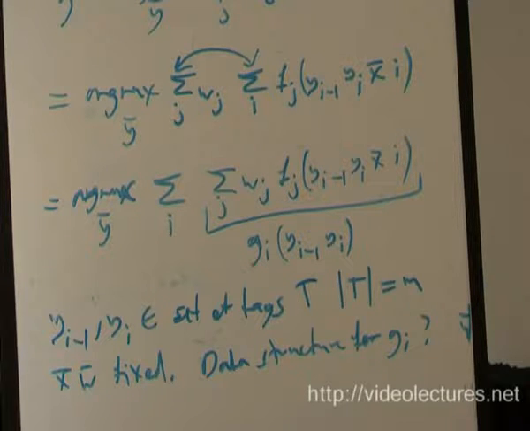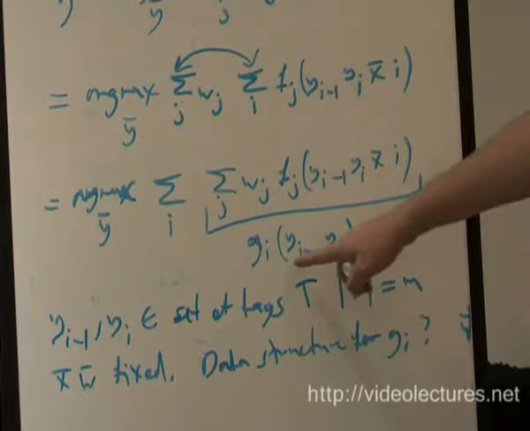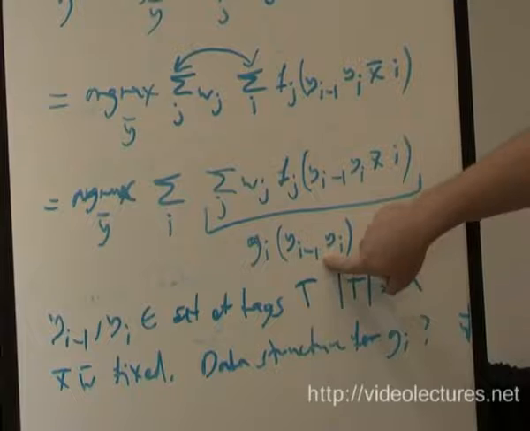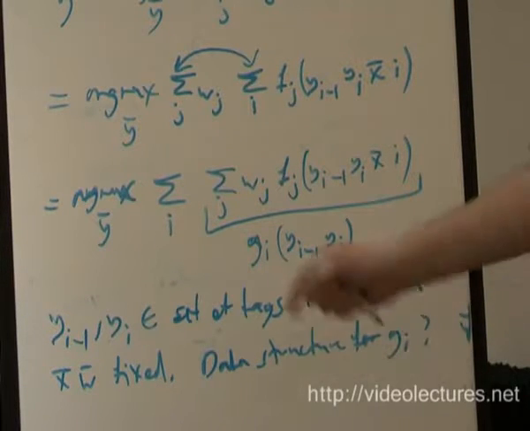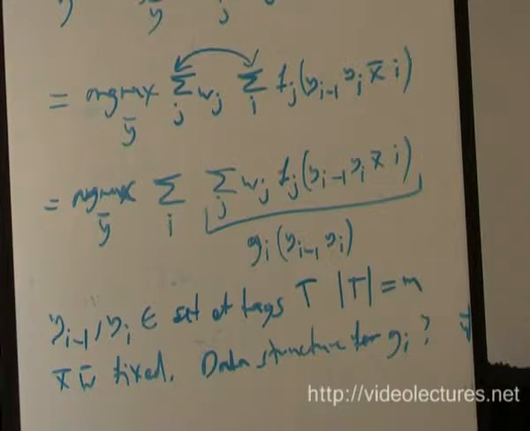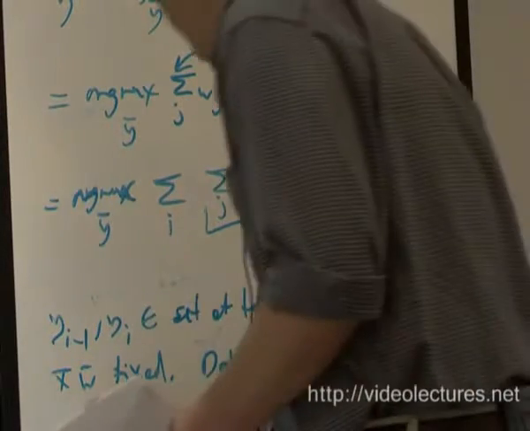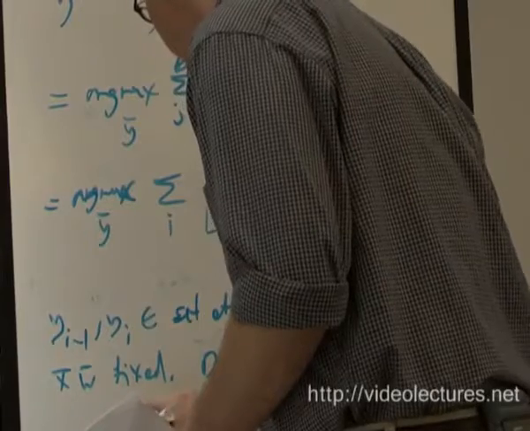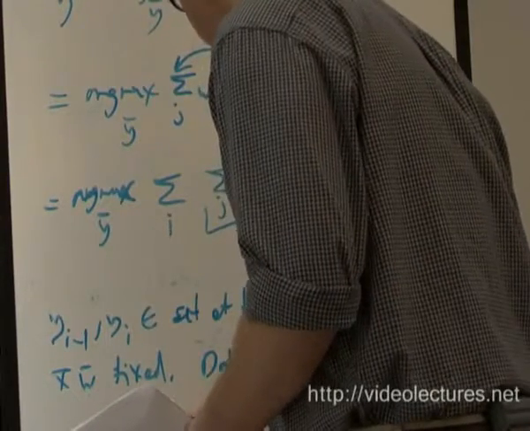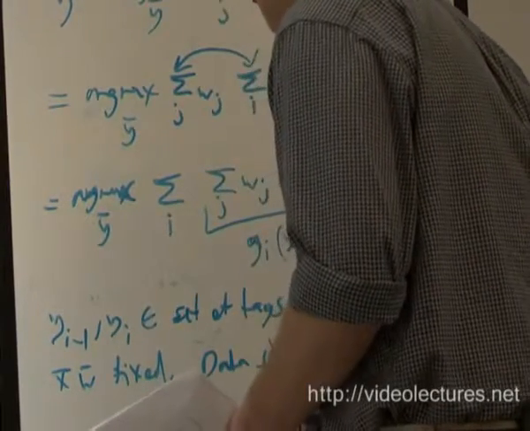A hash? Actually, I can use something even simpler. I can just use a 2-dimensional matrix because there are just 2 different arguments, and there are m values for each argument, so there are m squared possible values. Each gi is an m by m matrix.